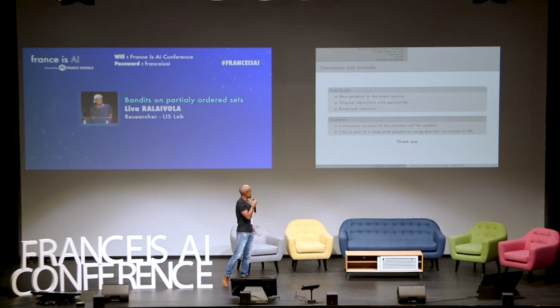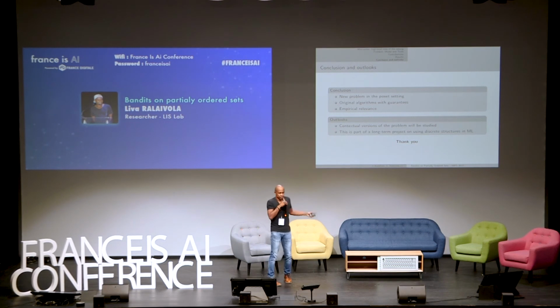So, the conclusion: we are going to work on contextual versions of the problem, because here it's a very simple model, meaning that we don't take into account features of the movies. We just take into account the grades, or the fact that one movie is better than the other.